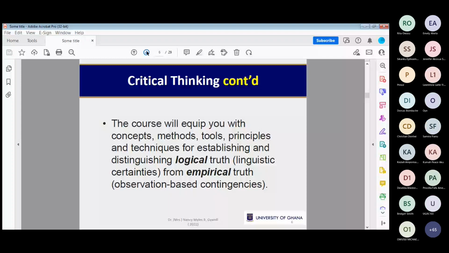Then we took note of the fact that sometimes certain truths, certain claims, propositions have logical truth. Their truth is logical in nature. It is in the language. So we may not need to observe or go to the place to ascertain truth, because it is in the language.